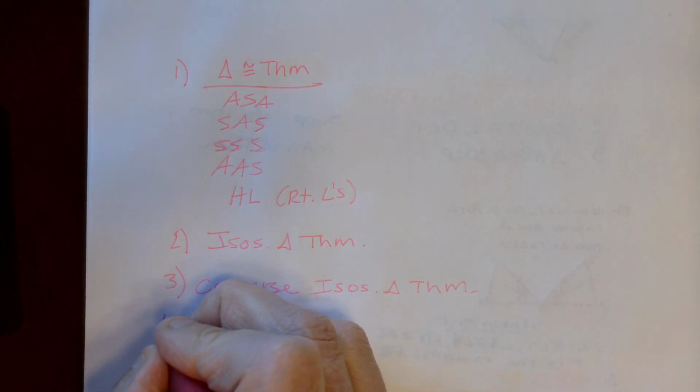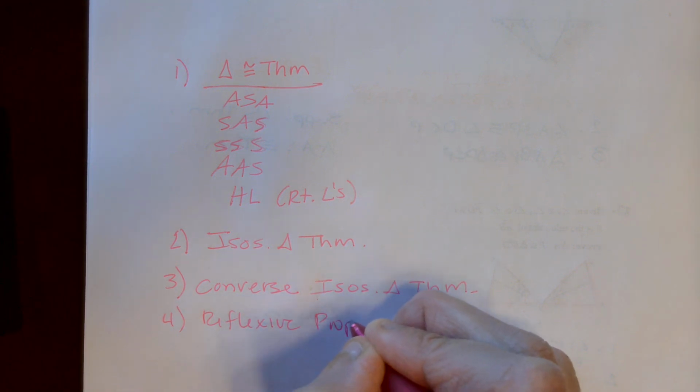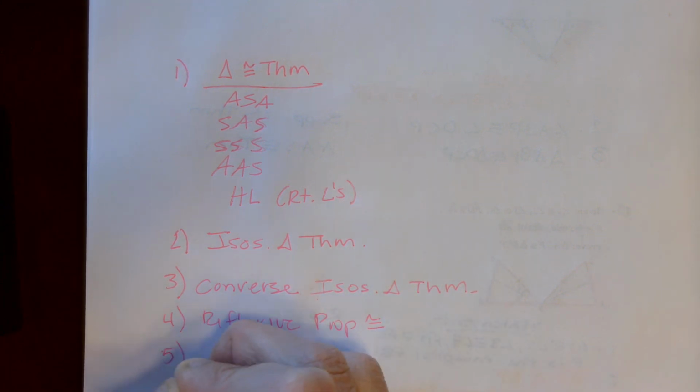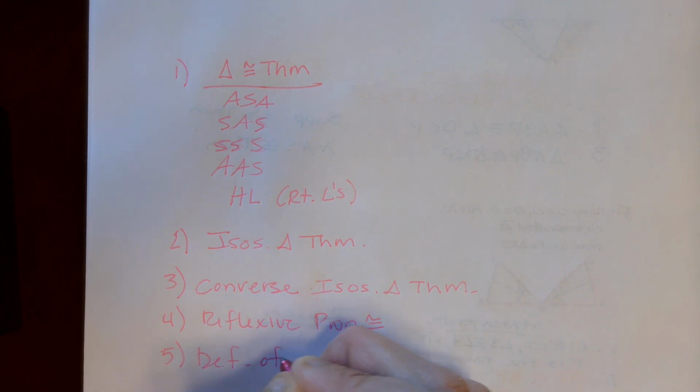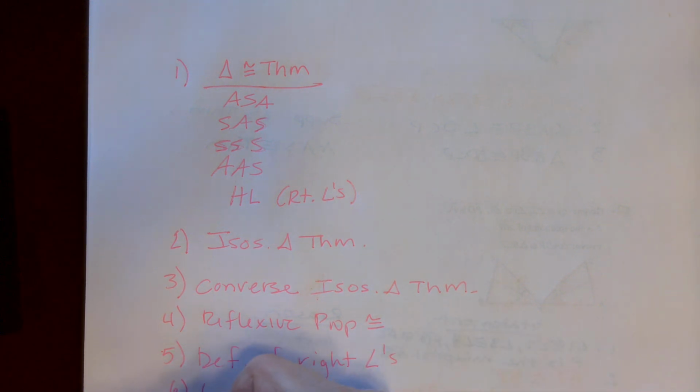All right, and also reflexive property of congruence, definition of right angles, definition of perpendicular lines, I should say, definition of midpoint, and definition of bisector.